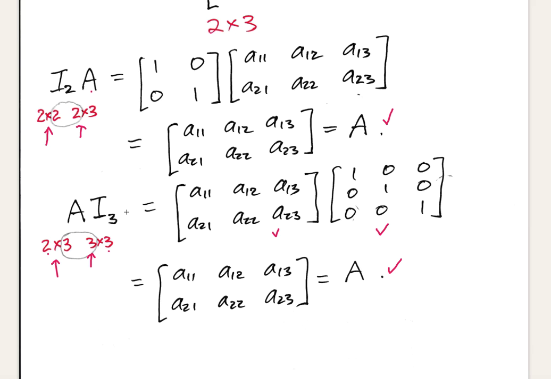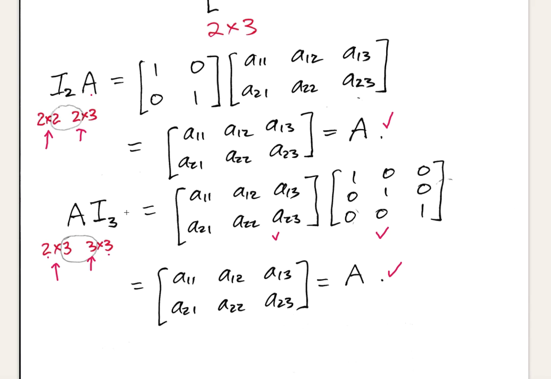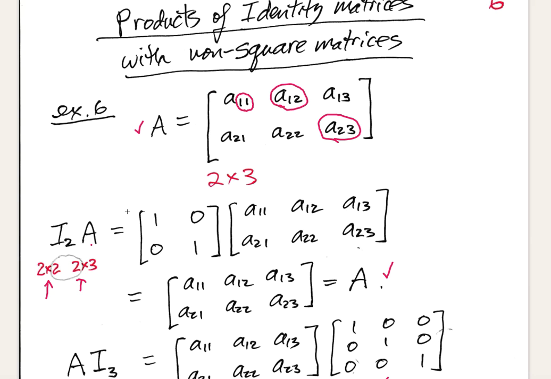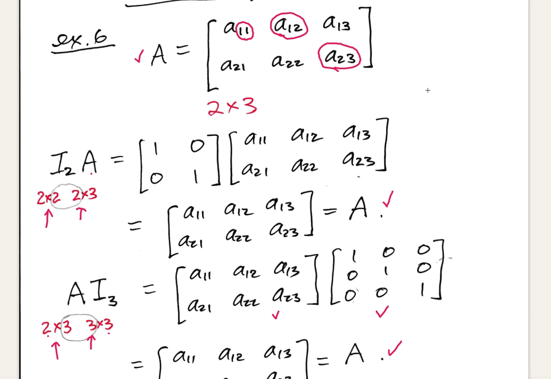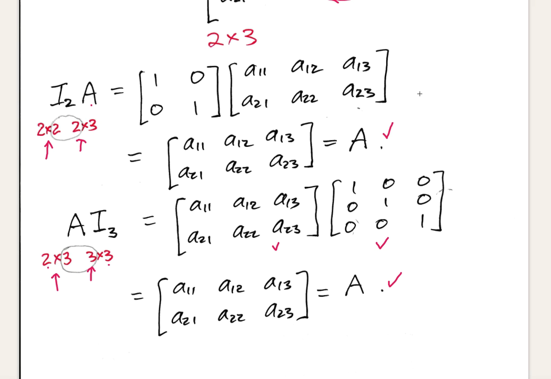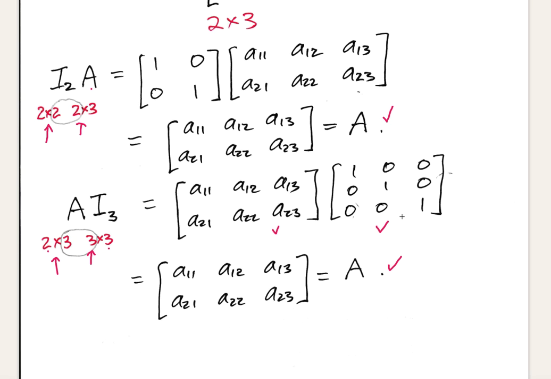In other words, if it's multiplied on the right by that, you get A back. So the various identities we have even work as identities for non-square matrices, but you have to take dimensionality into account. Be a little bit careful here. This is multiplicative identities.